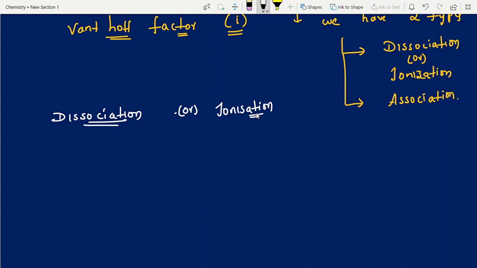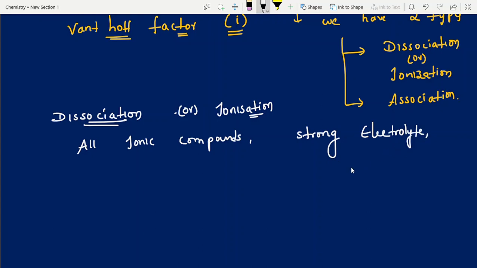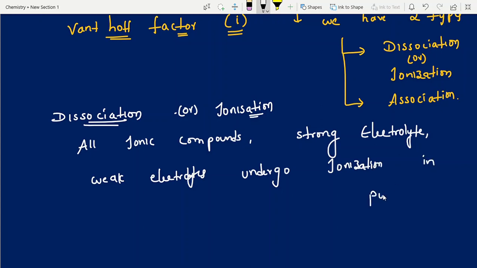Now here, all ionic compounds, strong electrolytes, and weak electrolytes undergo ionization in polar solvents.